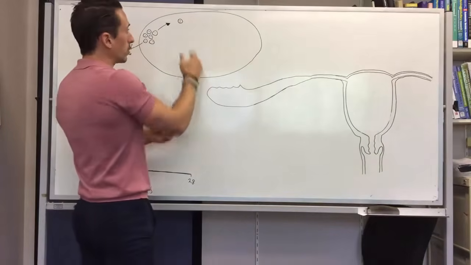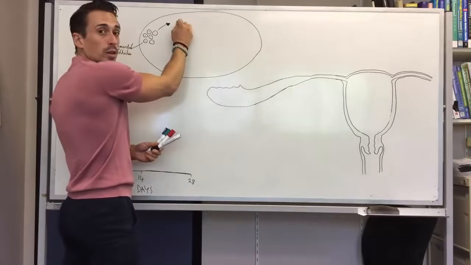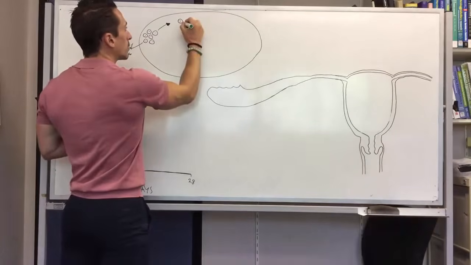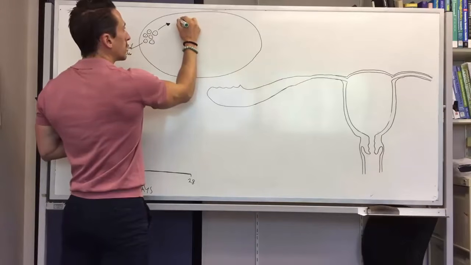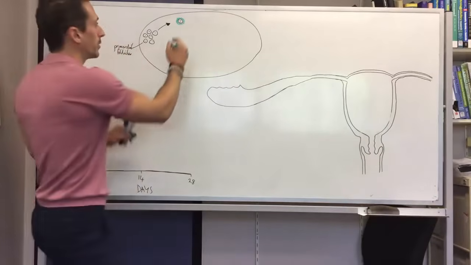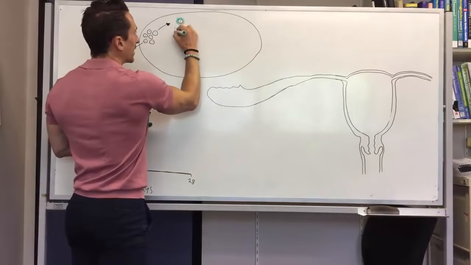Now, a primary follicle, again, has the oocyte, or the ovum, and this oocyte is surrounded by some flat-looking cells which are called follicle cells or follicular cells.